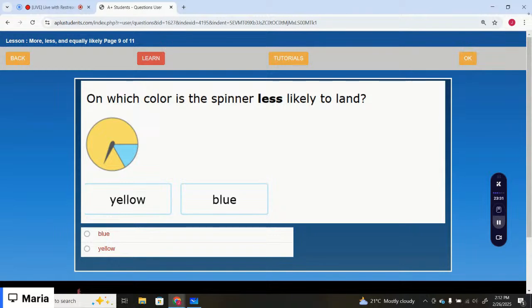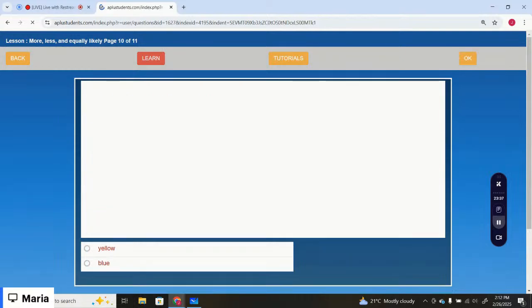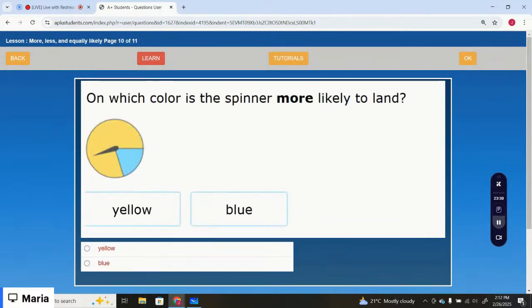It will less likely land on blue. Option number 1 is the correct option. On which color is the spinner more likely to land?